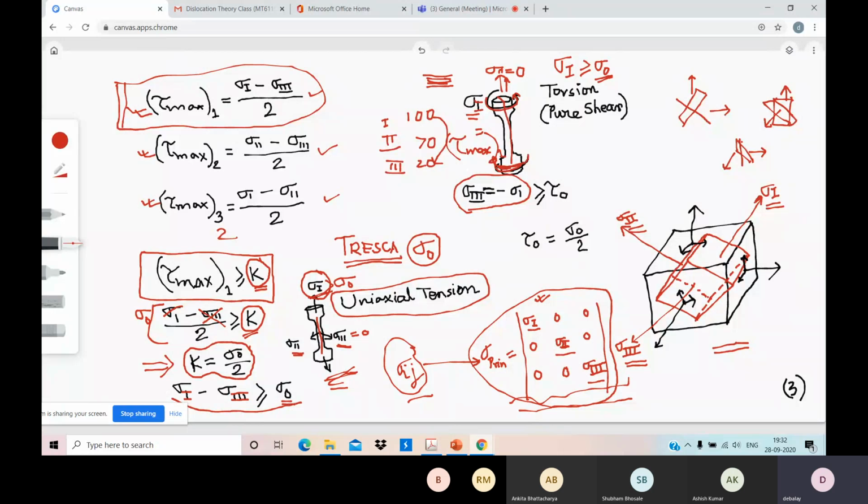So when you do a tension test, you get the absolute value of sigma naught. Now if you know the value of sigma naught, you can calculate how much maximum shear stress a particular bridge can take when it is under complex loading condition, and you can design accordingly.